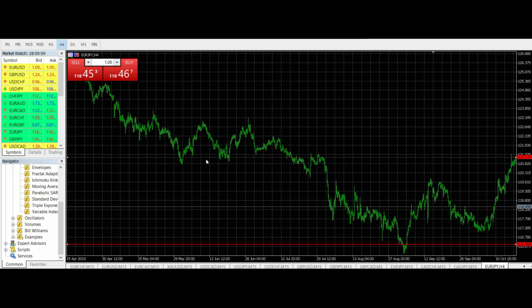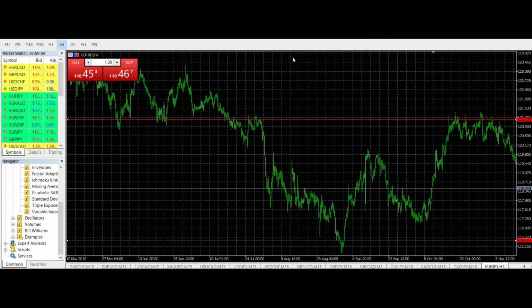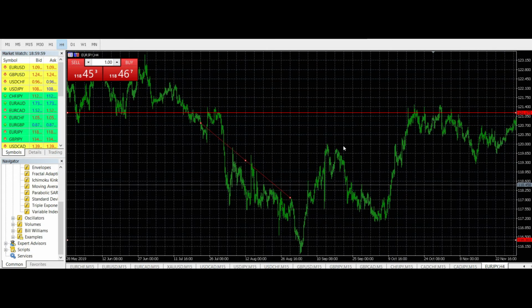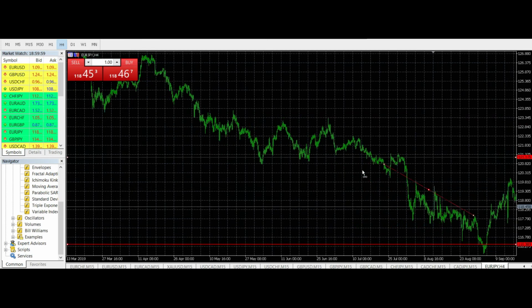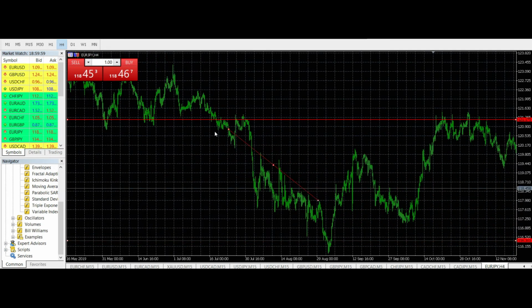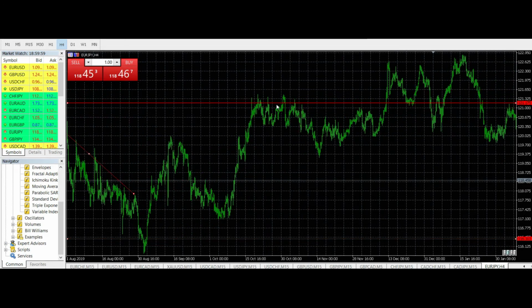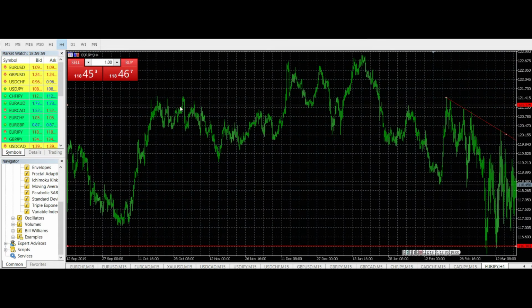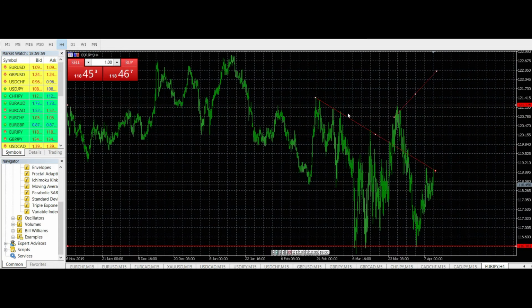Because the support line was broken, the price went down here, and this line became a resistance. Now that's a kind of rule. Every time a resistance line or a support line is broken, it becomes the opposite. So in this case, this worked as a support and was broken and then became a resistance. As you can see here, resistance, resistance, resistance, and resistance.